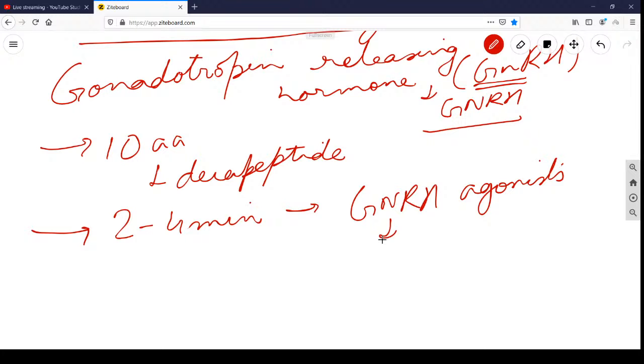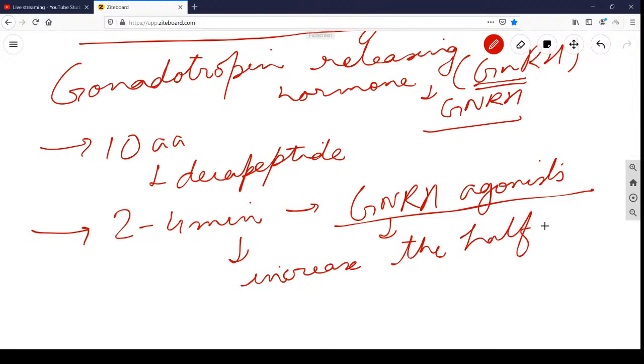That is the primary reason why GNRH agonist medicines are in the market. You just modify a few amino acids so that it can bind with high affinity to the GNRH receptor, and that modification of one or two amino acids increases the half-life so that it has a prolonged effect. You don't have to administer it every day, or every hour.